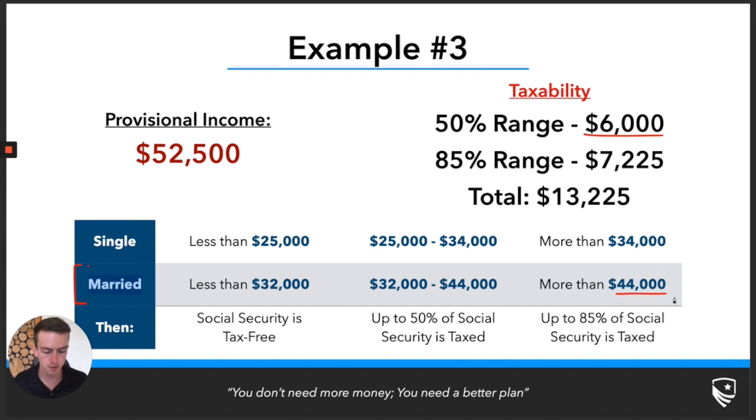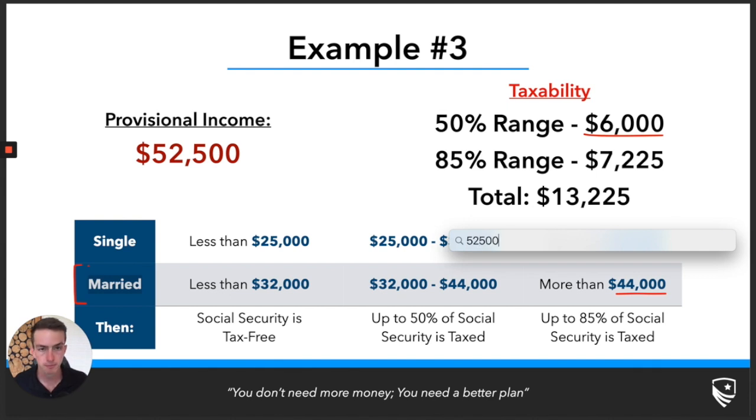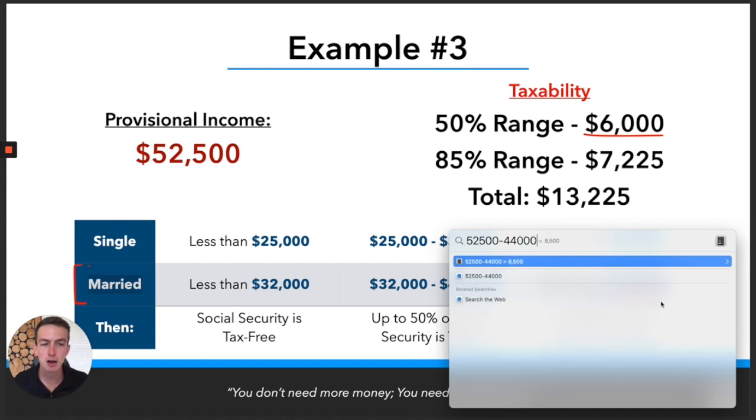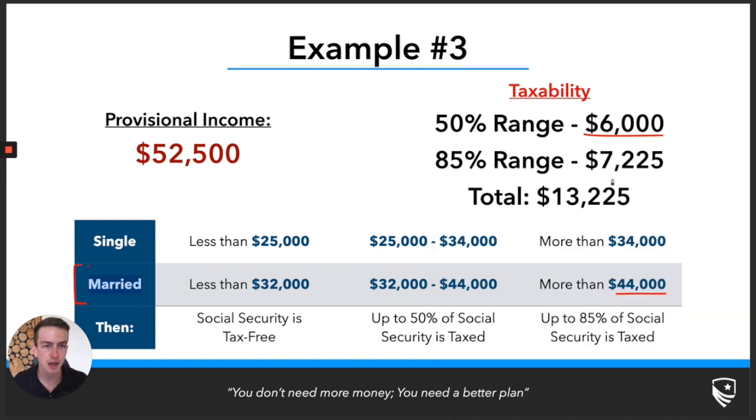It happens to be more than this $44,000 threshold by $8,500. So if we take 85% of $8,500, we get this $7,225 number, right? Times 0.85, $7,225. So that's how we calculate out this 85% range right here.